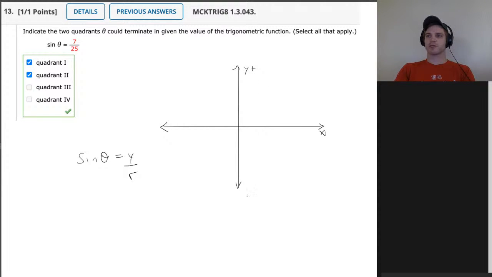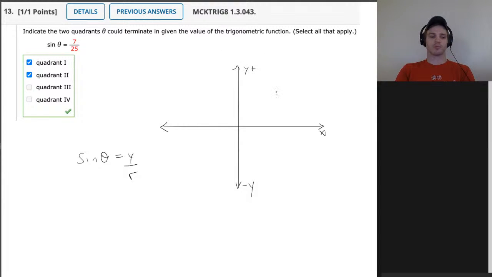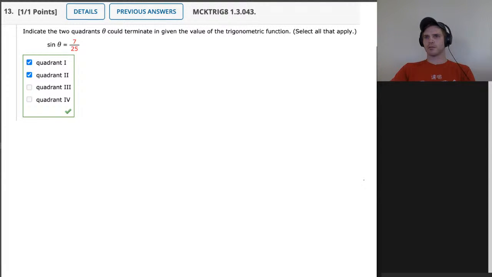Y is positive up here and negative down here. So these are the two quadrants where y is positive, quadrant 1 and quadrant 2. Is that what we just did? That's what we just did.